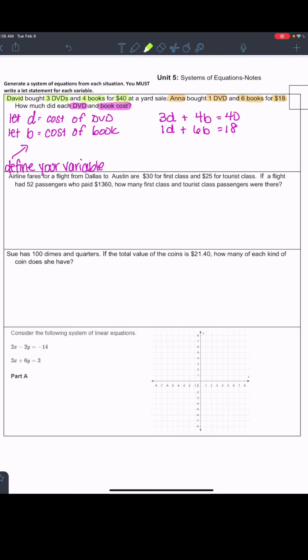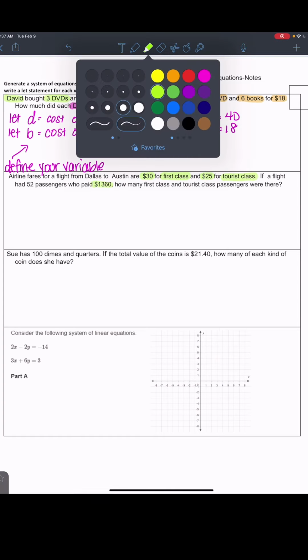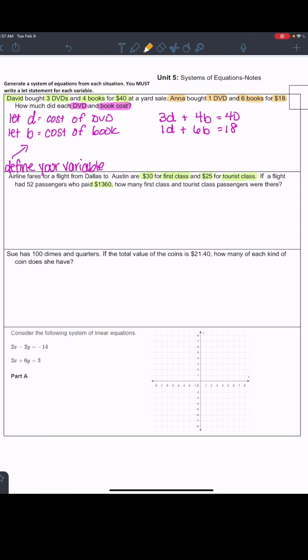All right, so there's a lot of information there. Airline fares from Dallas to Austin are $30 for first class, $25 for tourist class. If a flight had 52 passengers and they paid this total, notice what I'm highlighting in different colors.